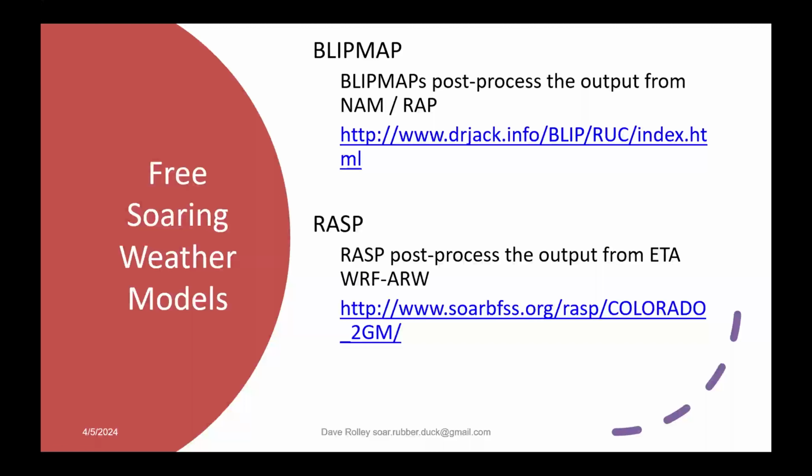The BlipMap was run on a central computer. The RASP, the R stands for regional, and so there are volunteers around the country doing the model runs for a local or regional area, local to some specific soaring sites. These are done by volunteers who are volunteering their time, their expertise, and their computing horsepower.